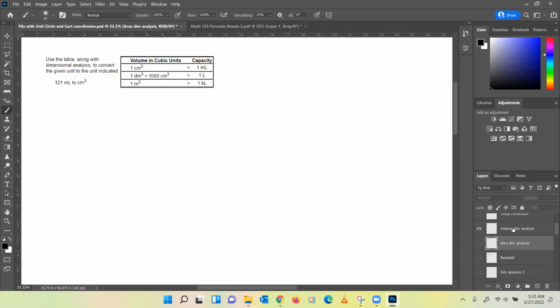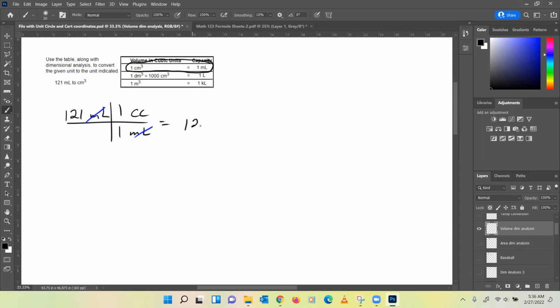Maybe we've got a volume problem that we need to look at. 121 milliliters, 2 cubic centimeters. So I see up here at the top that 1 cubic centimeter is 1 milliliter. Well, that's easy. I don't even really need to set this out because it's a 1-to-1. My milliliters will cancel, and I will be left with 121 times 1 divided by 1 is 121.